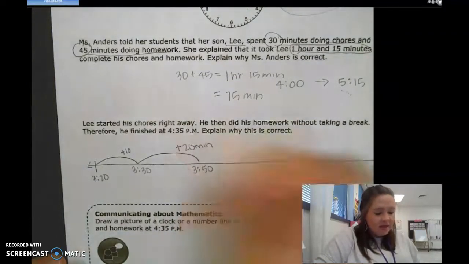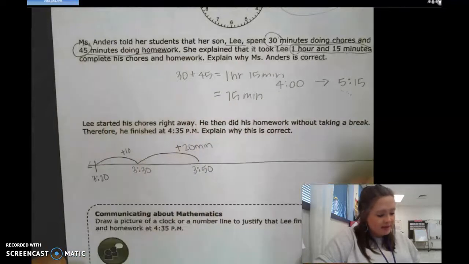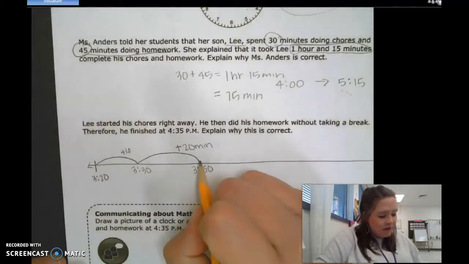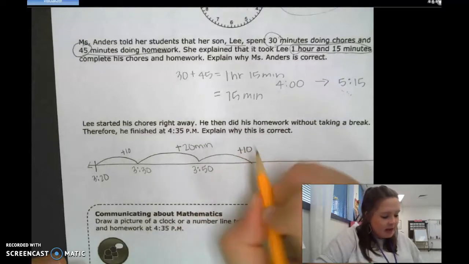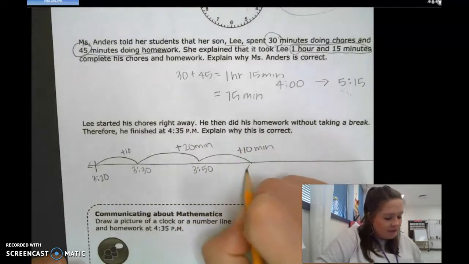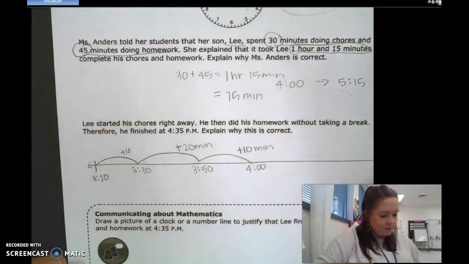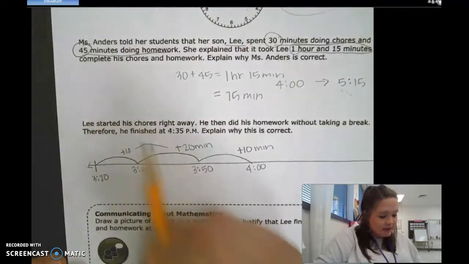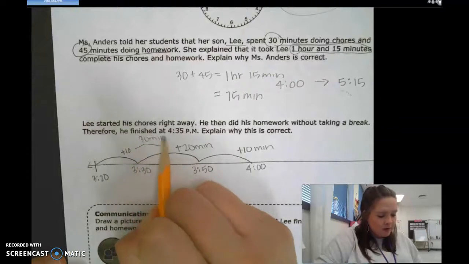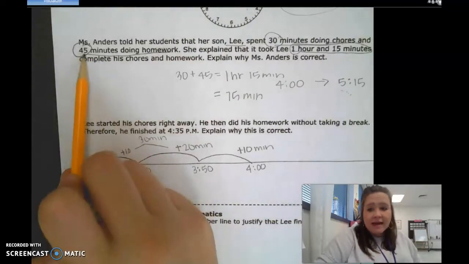Okay? Then I'm going to go 45 minutes. Well, if I go 3:50 plus 10 minutes, I land at 4 o'clock. This is my 30 minutes, and I'm going to be adding my 45 minutes.